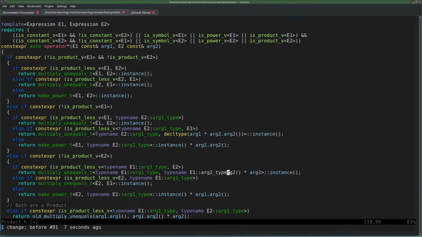This is still the multiplication. In the end, I'm going to need that, but for now, I just do the multiplication with objects, of course, and then take the type of that again.